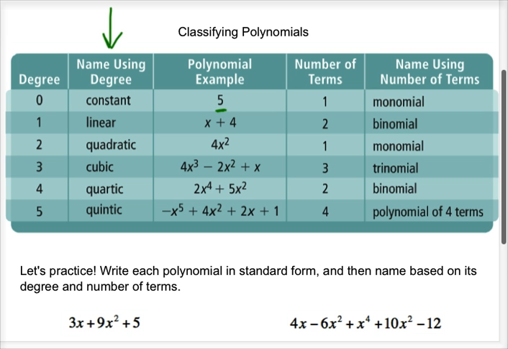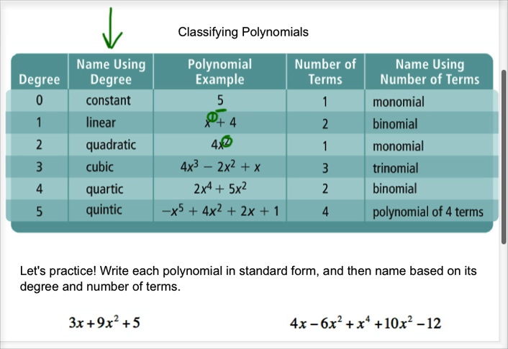When we're talking about degree 1, we're talking about something that we call linear. Now, we are really good with linear things. You've been working on that for years. So that term you should already know, a linear polynomial. Quadratic, you should also know that. Degree 2, we just spent an entire chapter working on quadratics. So that vocabulary term should also be familiar to you.